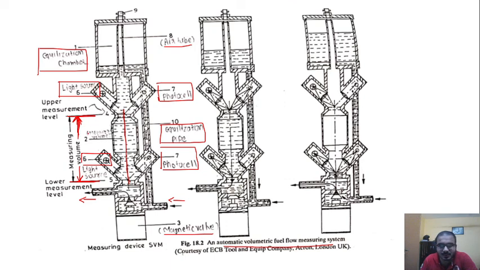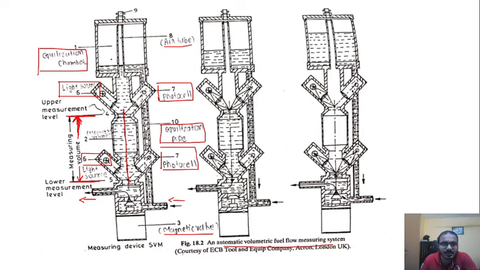Apart from this, one more important thing is that through this inlet there is an equalization pipe which fills up this equalization chamber. While the fuel level was reduced in this measuring volume, simultaneously the equalizer chamber was filling up.